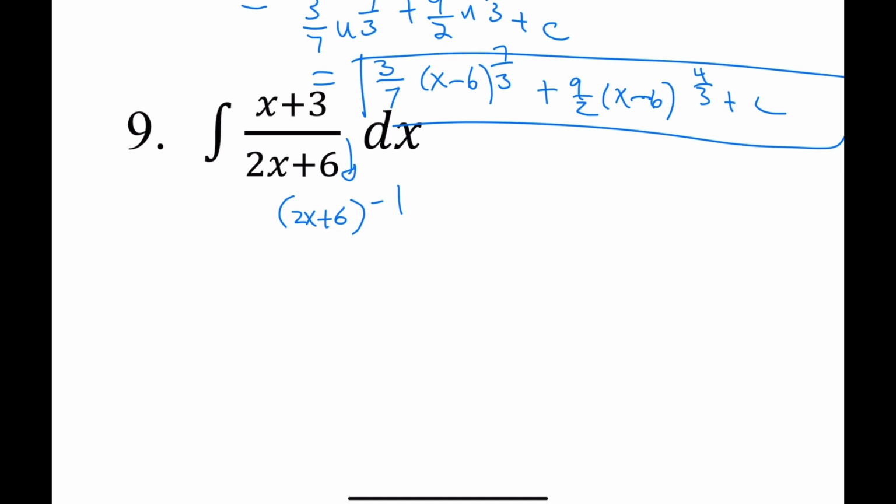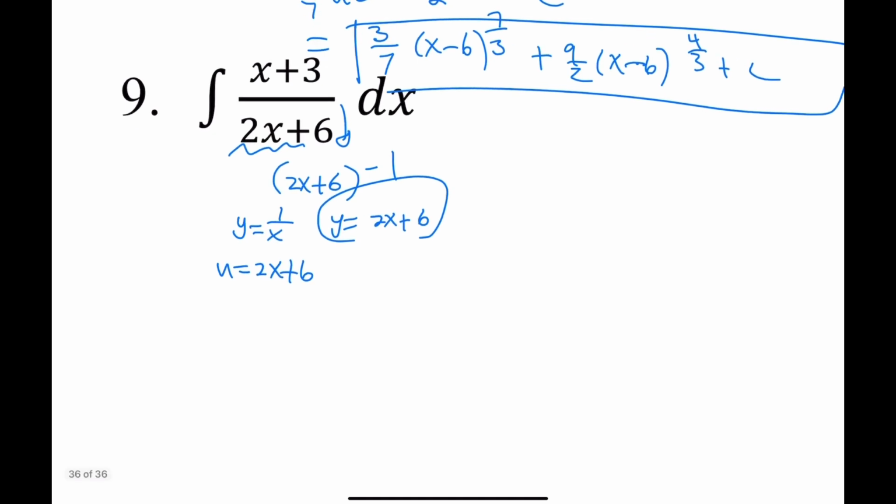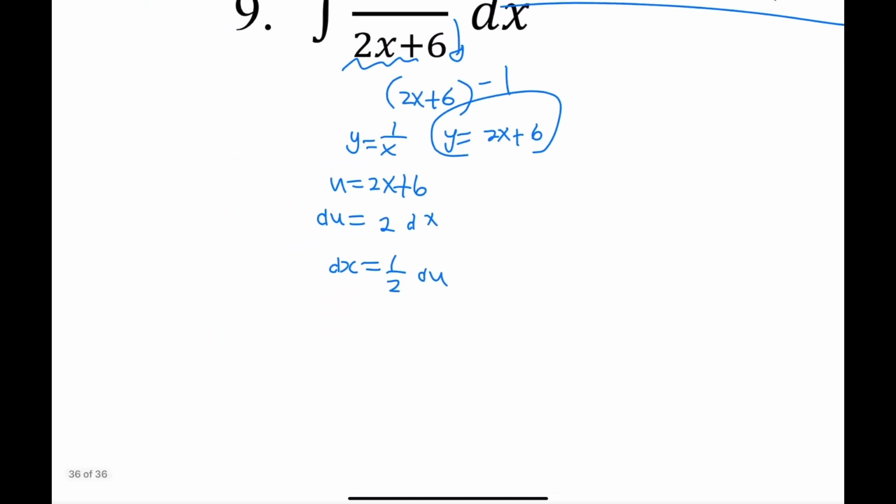So that means you have the composite function y equals 1 over x, and then y equals 2x plus 6, right? So I think that means that you should choose u equals 2x plus 6. So du is going to be 2 dx, right? And then we can replace dx with 1/2 du, right?